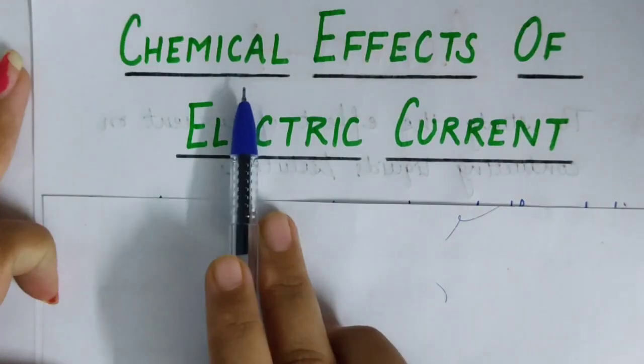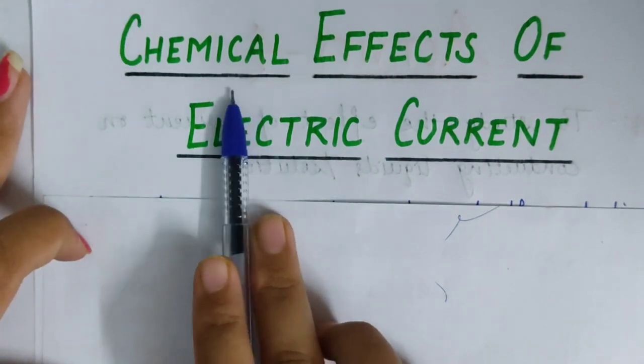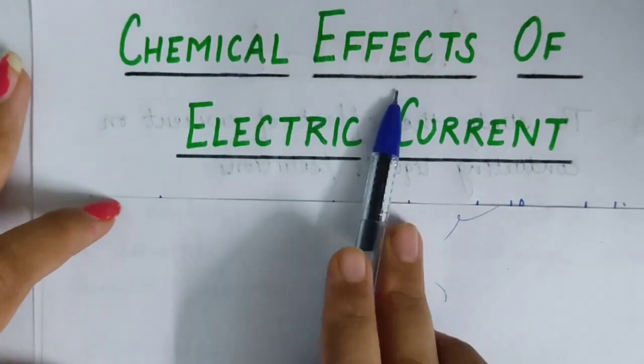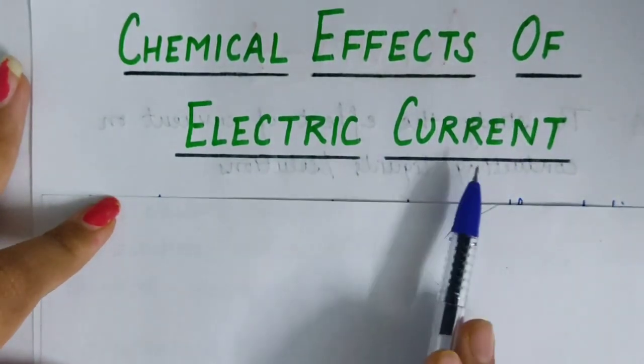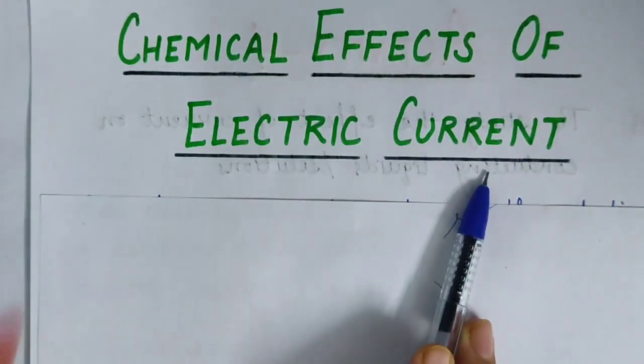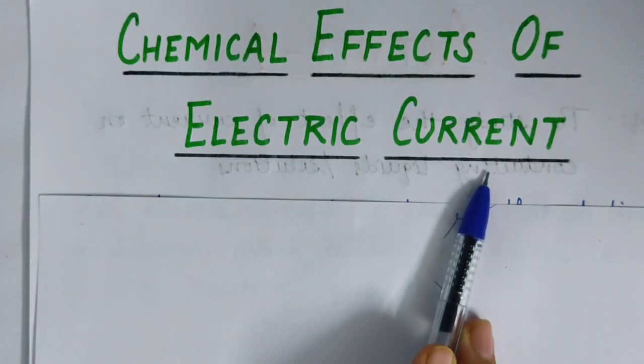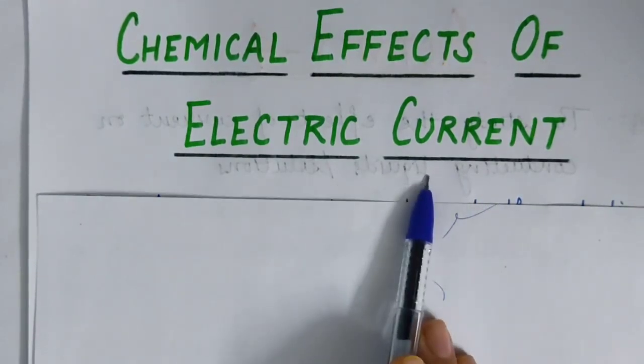Okay, and a very important topic of this chapter is chemical effects of electric current. Basically, we are going to study the effects of electric current in liquids.